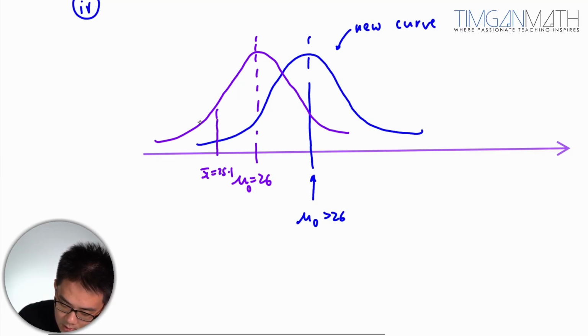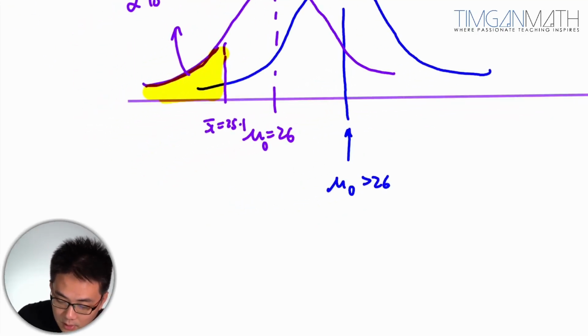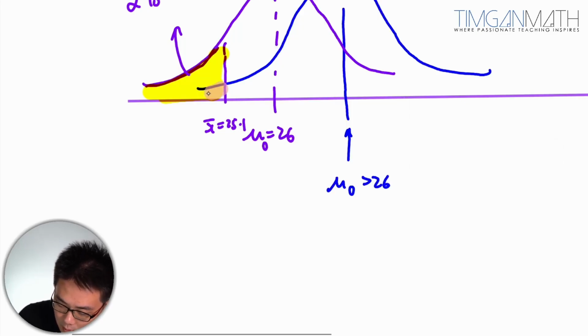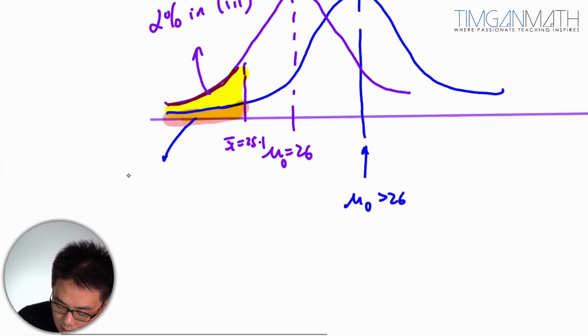So this is basically the alpha percentage in 3. Because we draw the same boundary, this small area here would be your alpha percentage in 4.